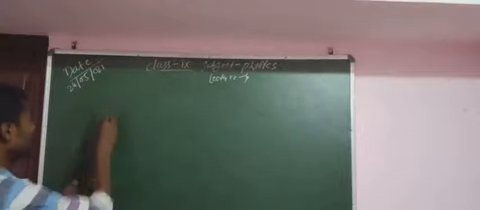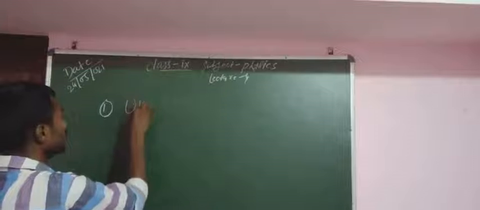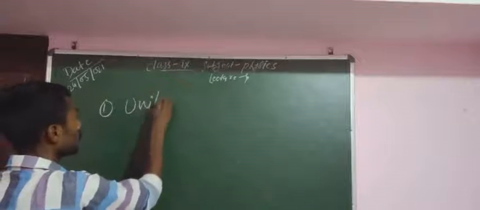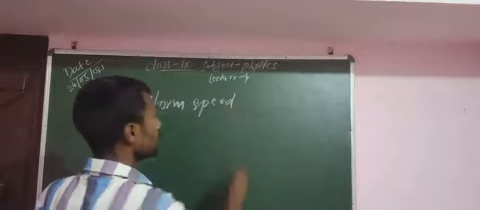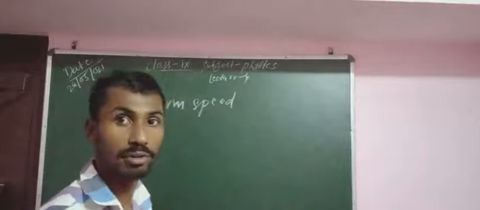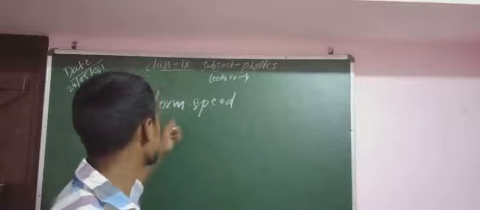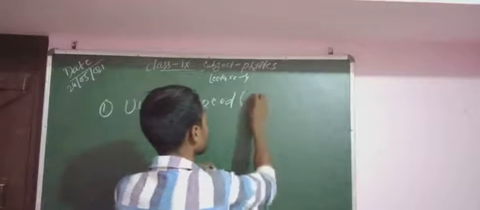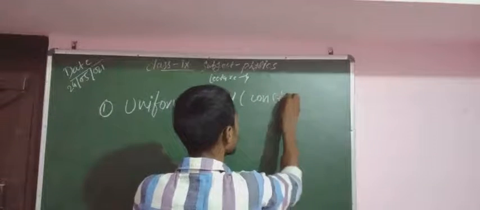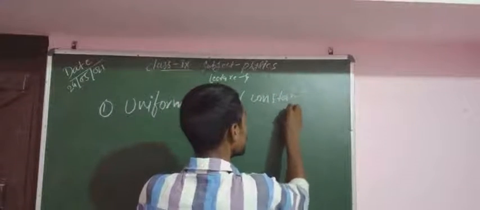The first one is uniform speed. Uniform speed is also known as constant speed.